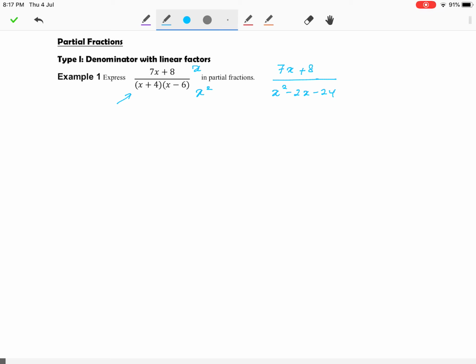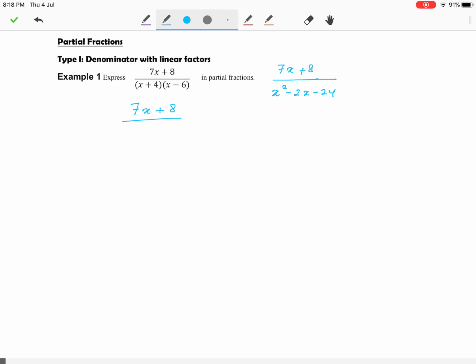So that means, if you have these situations and the denominator is now expressed in linear factors, what you should do now is transform this into the partial fraction form.